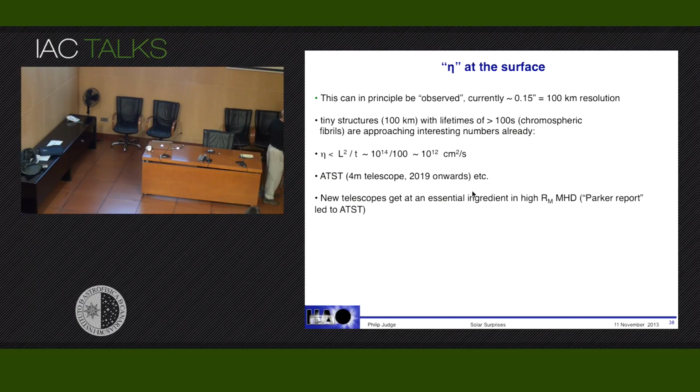Now, the claim is that together with the meridional circulation velocity plus whatever differential rotation we have here, an eta on the order of 10 to the 12 will describe the evolution of this thing, order of magnitude wise.